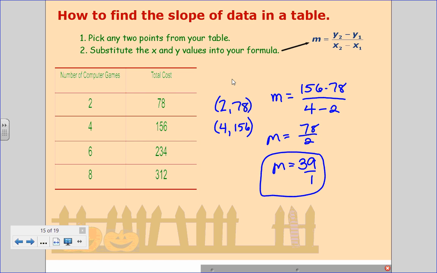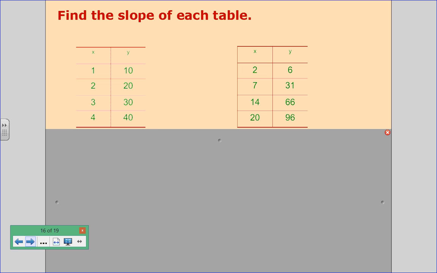So we were increasing by 2 on the x's each time, and by 78 on the y's each time. And so that gave us 78 halves as our slope, and don't forget to reduce to 39 over 1. You may have also written that as just 39, which would have been acceptable.